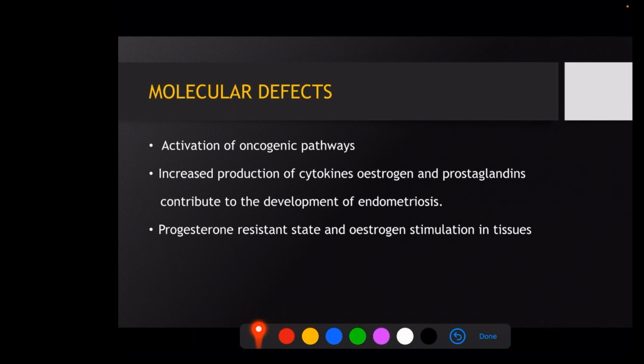Estrogenic influence is essential to the development and continual activity of ectopic endometrium. Sometimes the endometrial implants have been shown to express aromatase. Aromatase means the enzymes responsible for conversion of androstenedione to estrone and of estrone to estradiol.